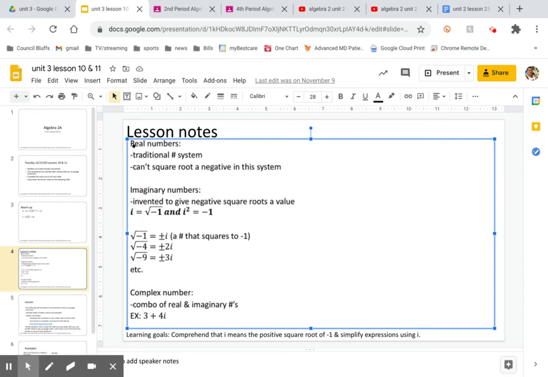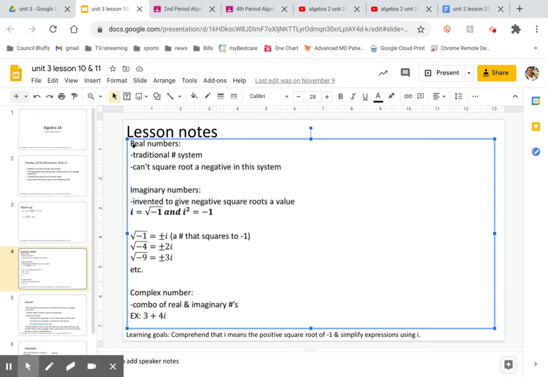The example I gave here is the complex number 3 + 4i. In this particular case, the real number portion of the number is 3, and the imaginary number portion is 4i. If you put it together, we call it a complex number. We are going to be doing a lot of stuff with imaginary numbers and complex numbers over the next few days.